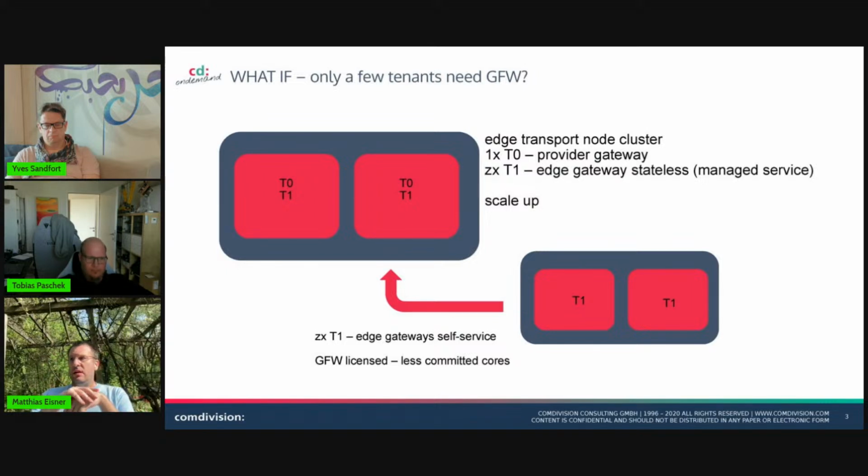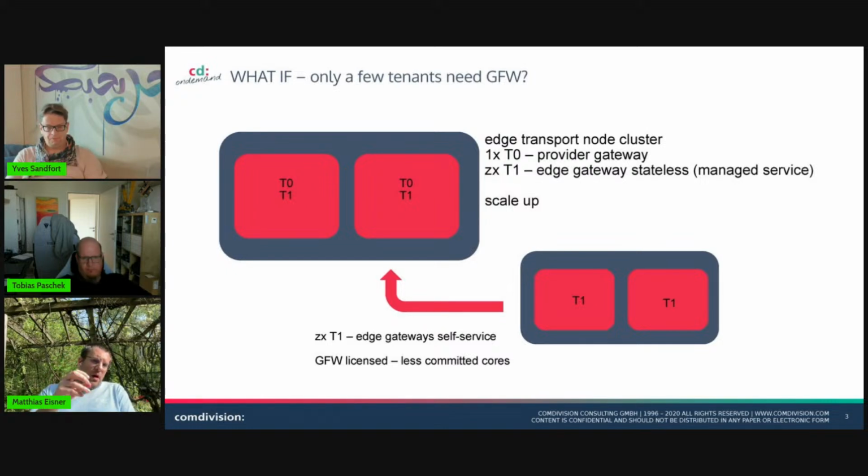It's not a huge amount of money, but on the other hand, if most customers refuse having a stateful gateway because they don't need the firewall, it doesn't make any sense to pay for it, because you can't monetize that many gateway firewall licenses just out of a few tenants.